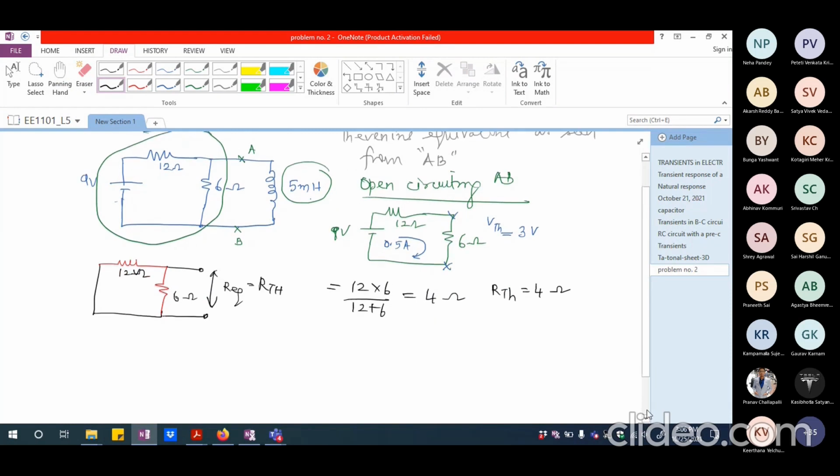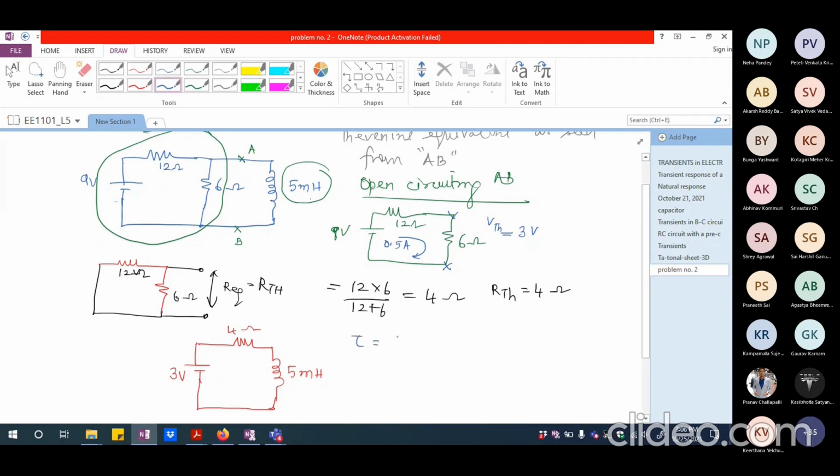So I can write the entire circuit in a simplified manner, somewhat like this. I'm going to have a 3 volt source, which is V Thevenin, a 4 ohm resistance, and a 5 millihenry inductance. So I can definitely calculate what is tau.